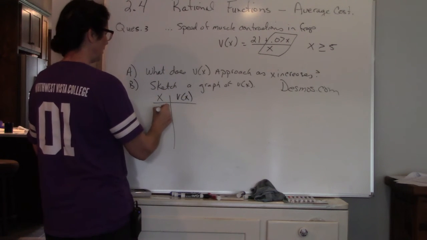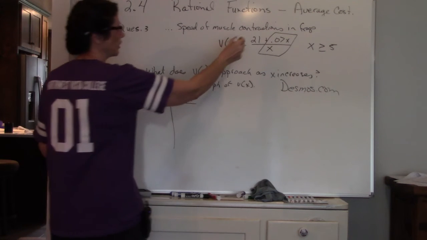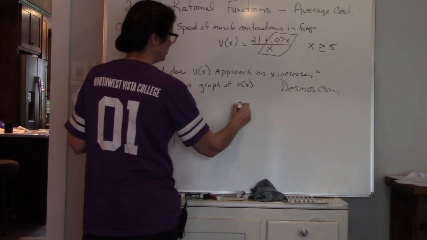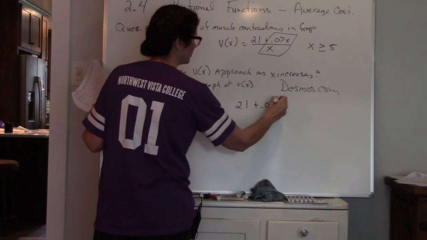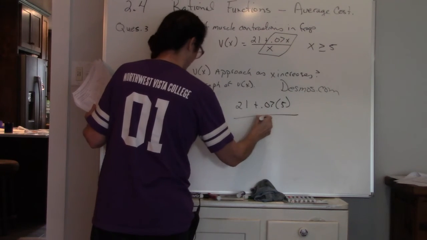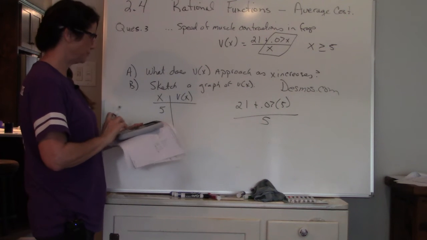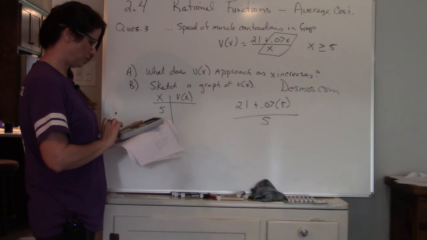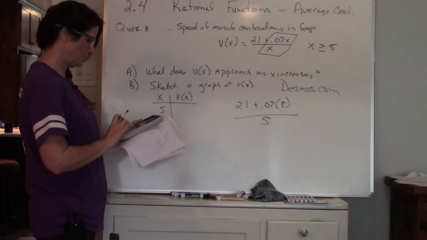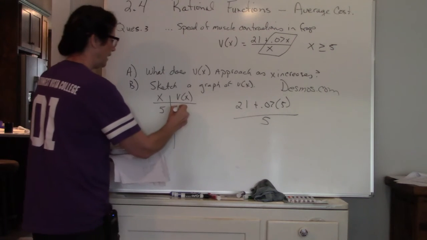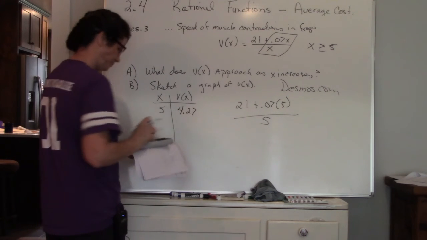So we can plug 5 in. So we're going to plug 5 into this function. So 21 plus 0.07 times 5, all divided by 5, and I get 4.27.